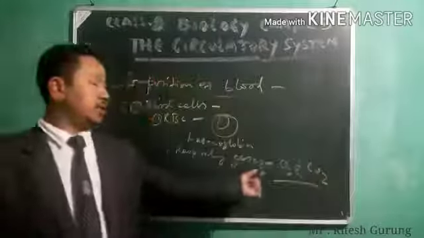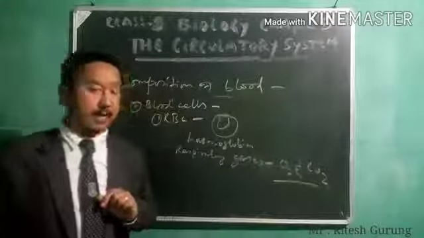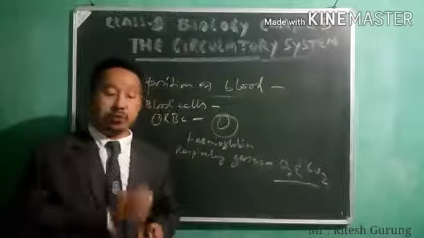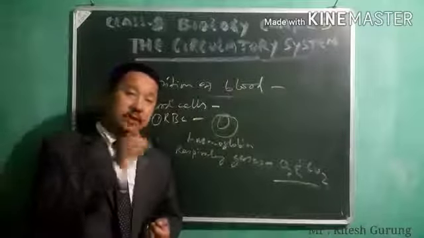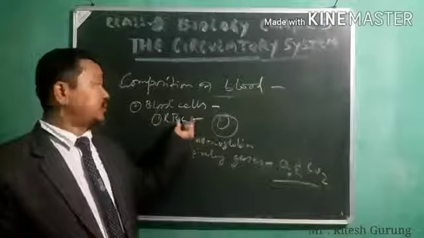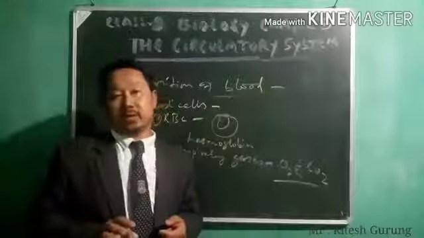When we inhale air, that air is rich in oxygen. That air rich in oxygen, going to the lungs, will be picked up by the hemoglobin present in RBC and is taken to the different cells of the body.